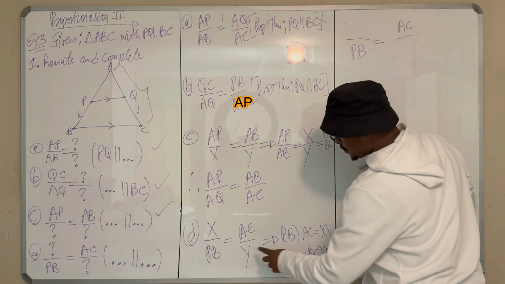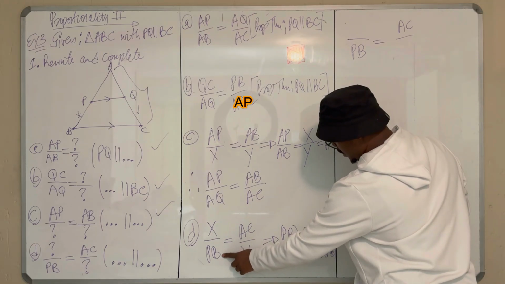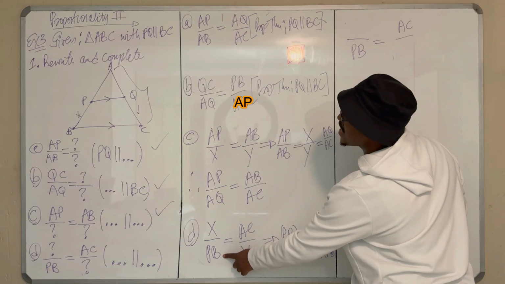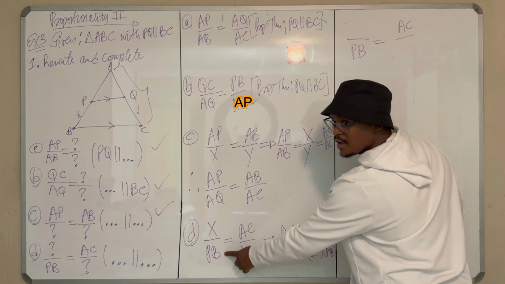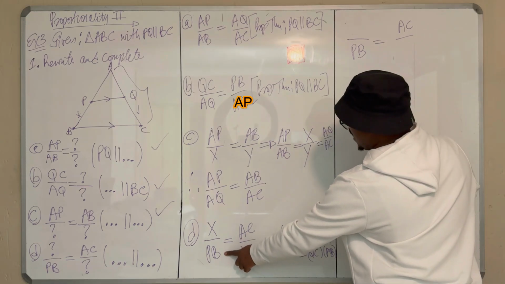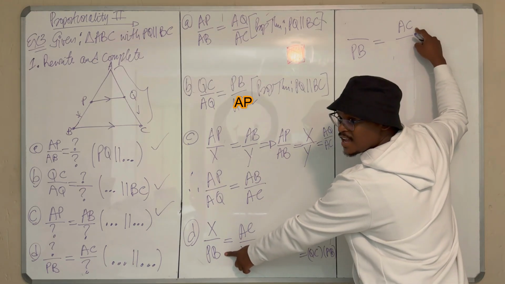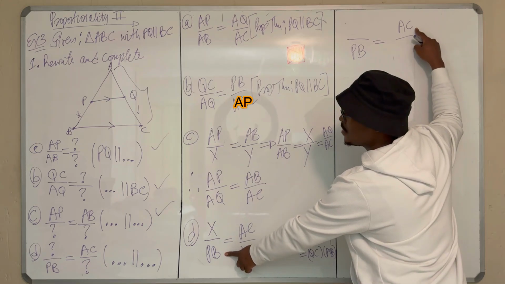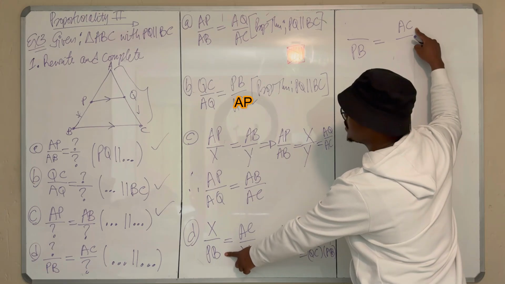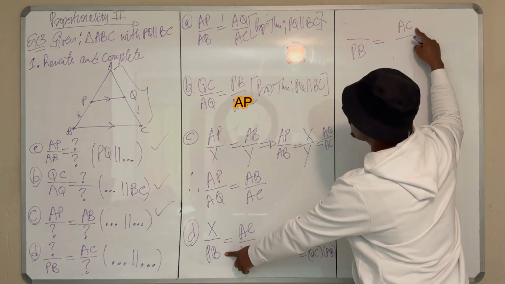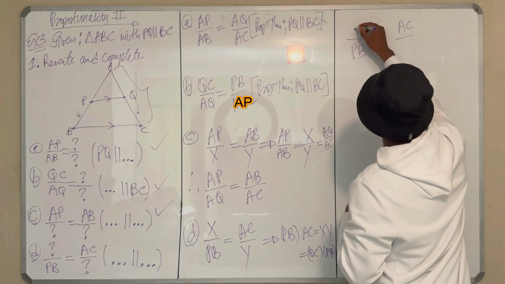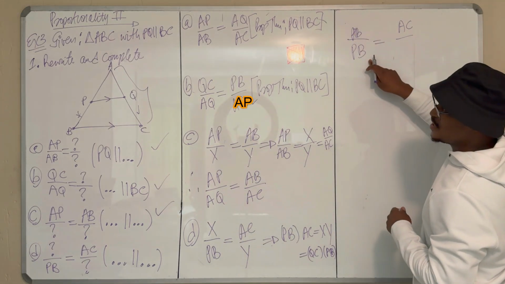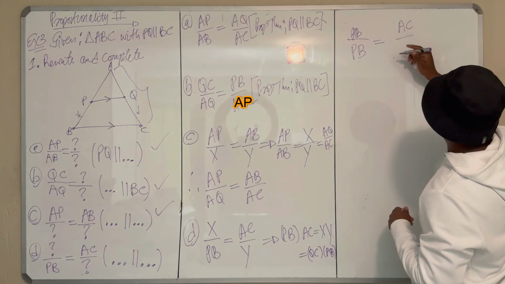But look at PB: it's the lower part, and AC is the long side. So how about we say it's the top part over the lower part, which is AB over PB, which is equal to AC over QC.